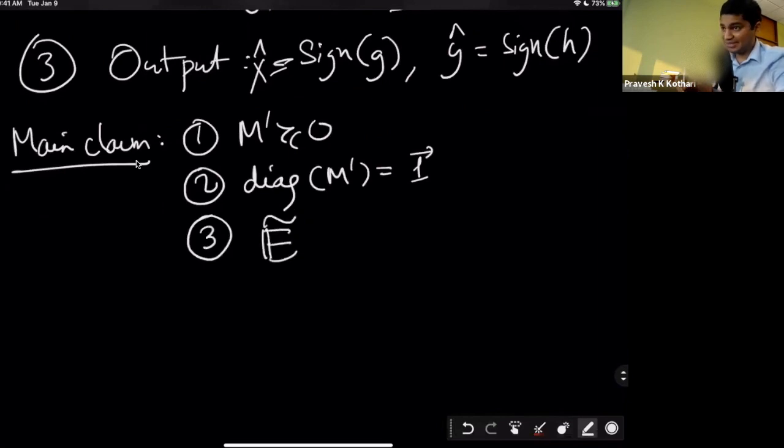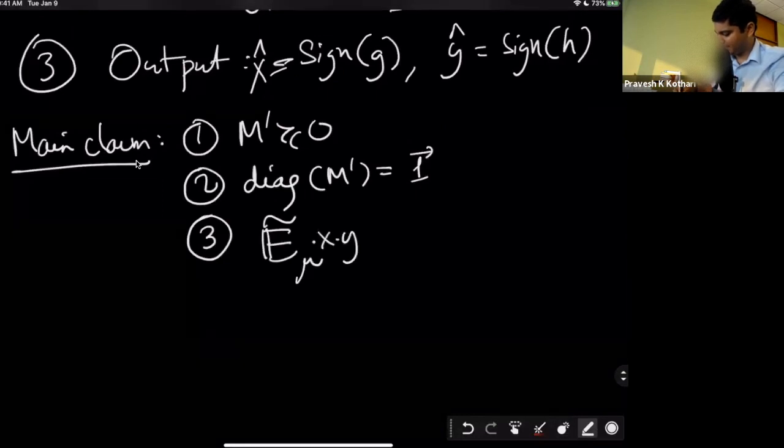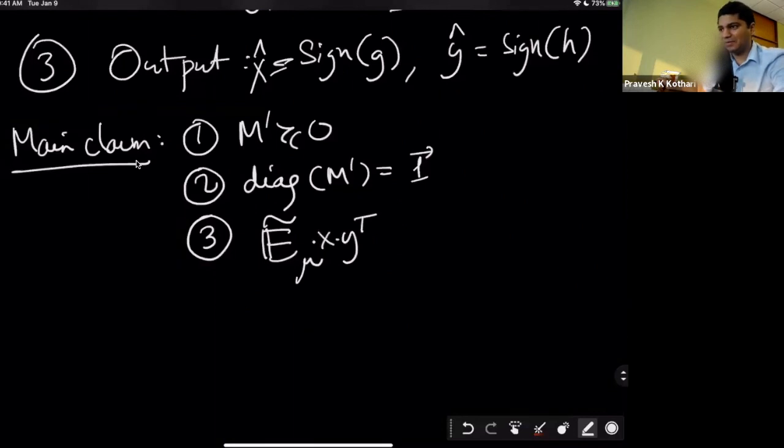In fact, this is the reason I'm choosing M prime in this weird way. If I look at the off diagonal part of the original pseudo distribution, then it's going to be a scaling of GH transposed.